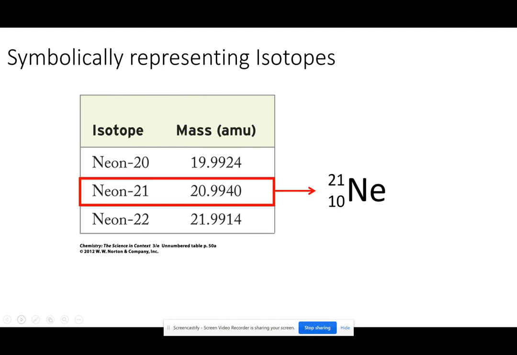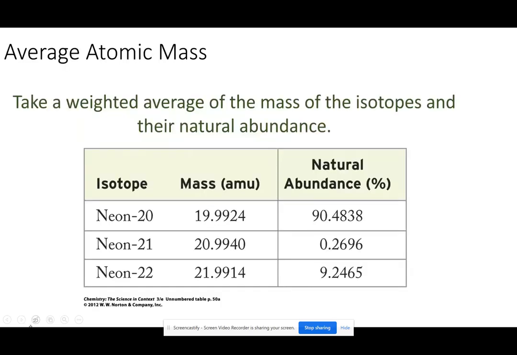So here are the 3 different isotopes of neon. To get the average atomic mass, you're probably starting to think, okay, there are 3 isotopes of neon that exist. Maybe I'll take an average of those 3 isotopes, and that'll give me that average atomic mass at the bottom of the table.